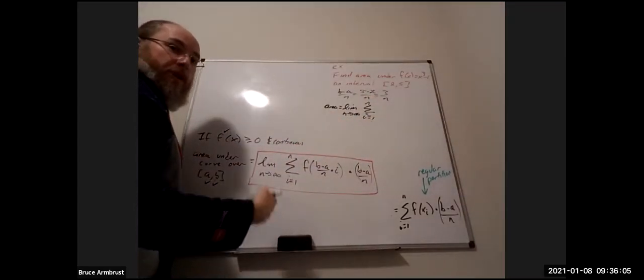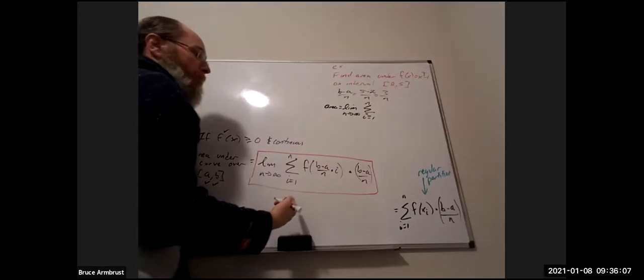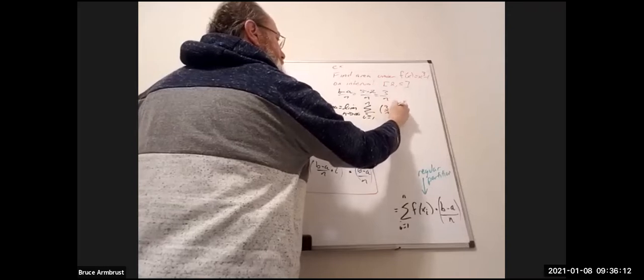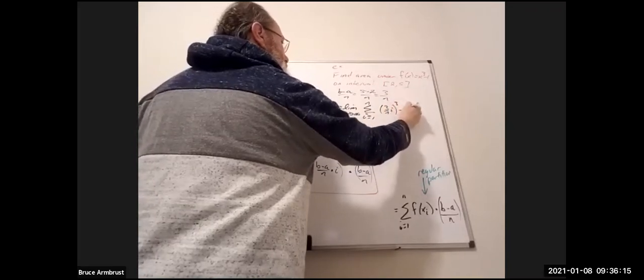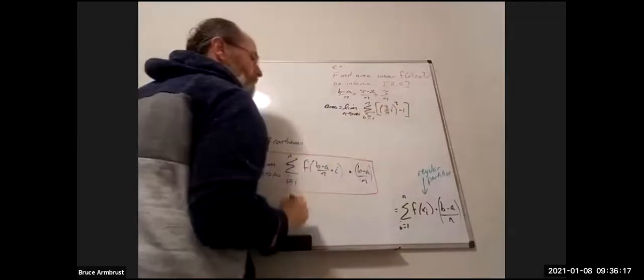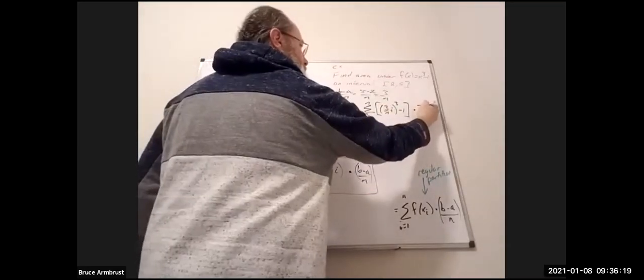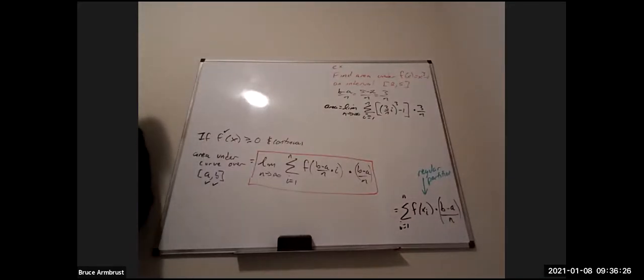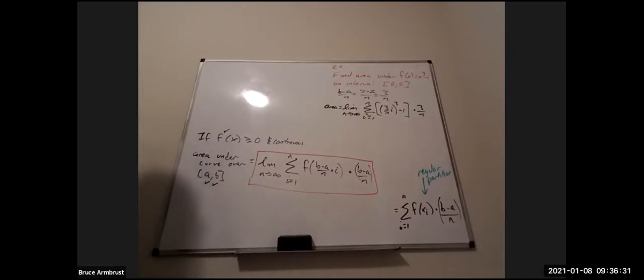But now let's plug this stuff into our function. So we're going to do 3 over n times I cubed minus 1 times 3 over n. So take a second and compare that, what I've got in black, to our formula that's in the box. So you can see where everything comes from, right?